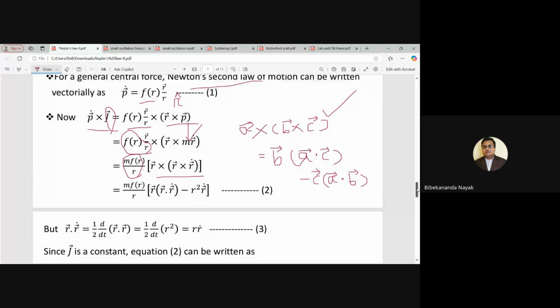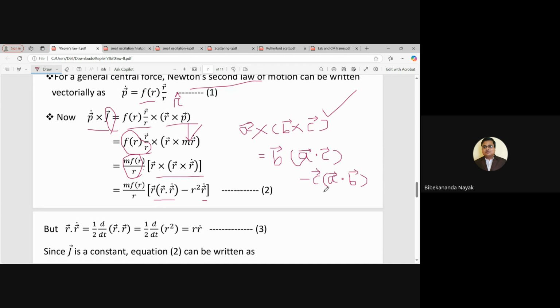So here in our case, A is equal to r vector, B is equal to r vector, and C is equal to r dot. Put here B = r, A = r, C = r dot. First, B (A dot C) minus C (A dot B), where C is r dot.